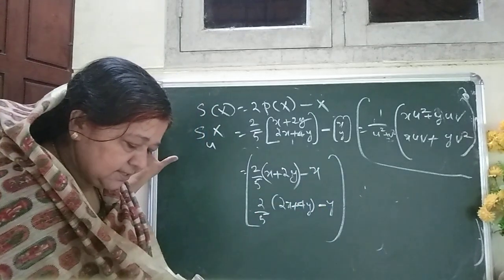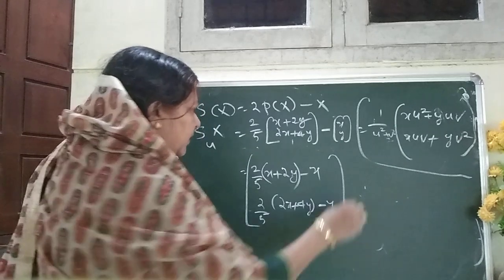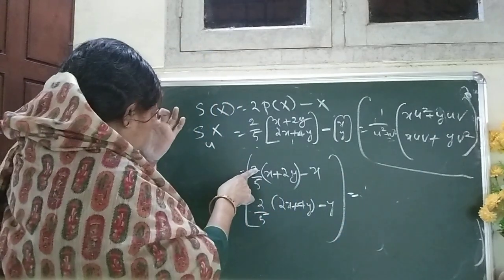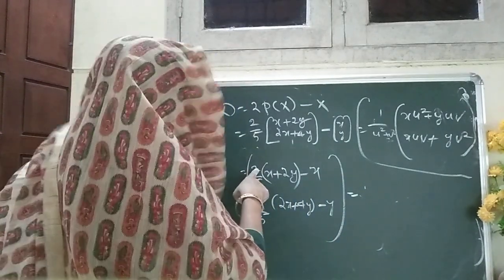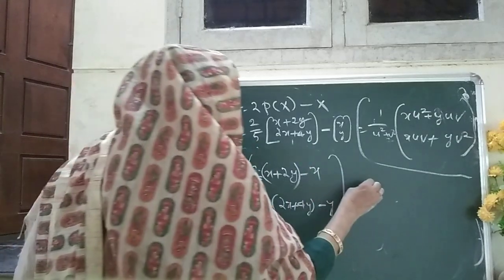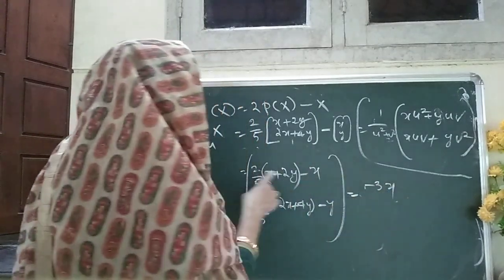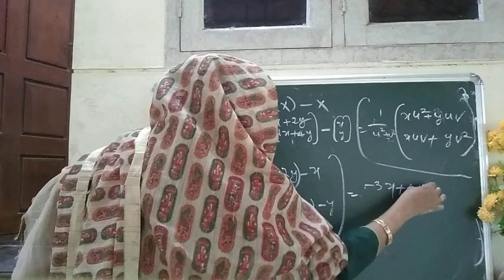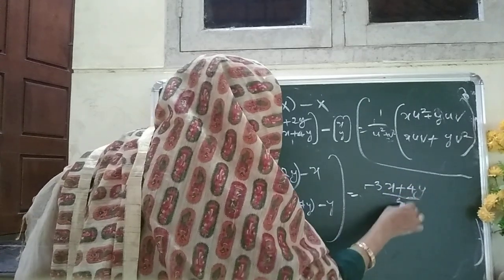On simplification we get, that is equal to, (2x minus 5x), that is minus 3x, plus 4y, by 5.